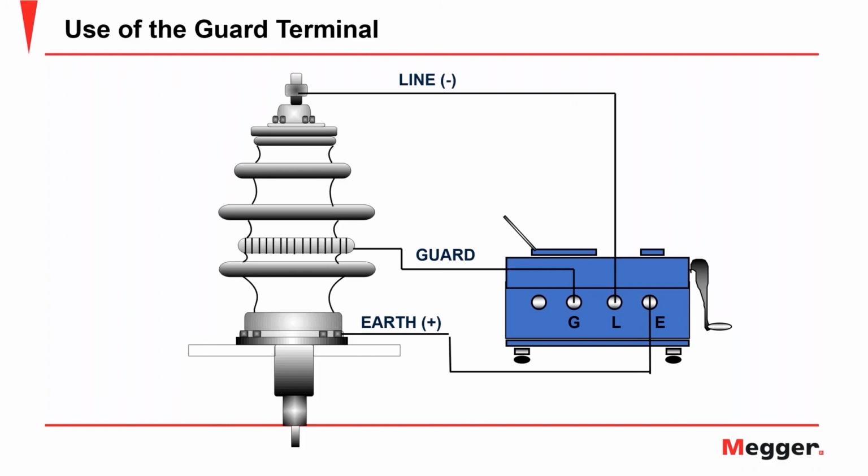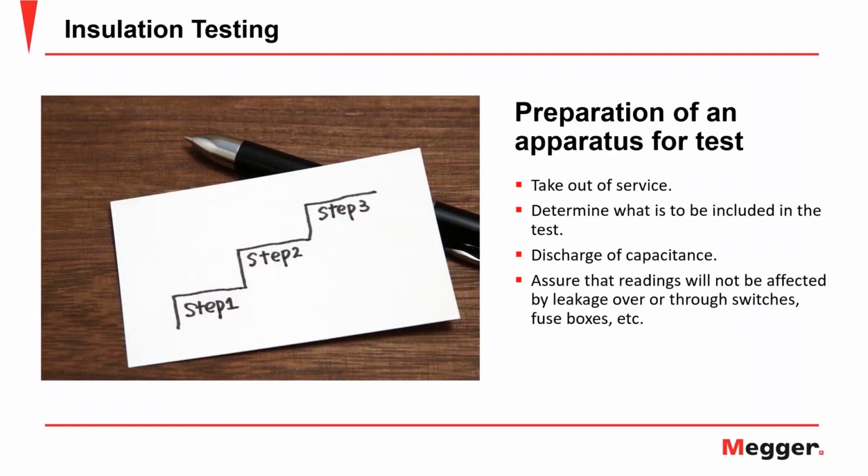The only thing the operator is going to see is how much current is getting through the body of the ceramic. So now you get a good high reading. You tell the bushing is fine, leave it alone, and go on to the next job.